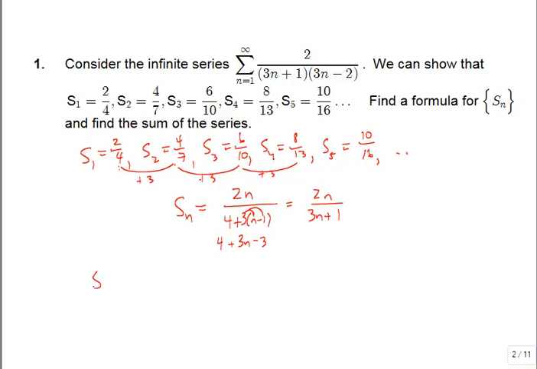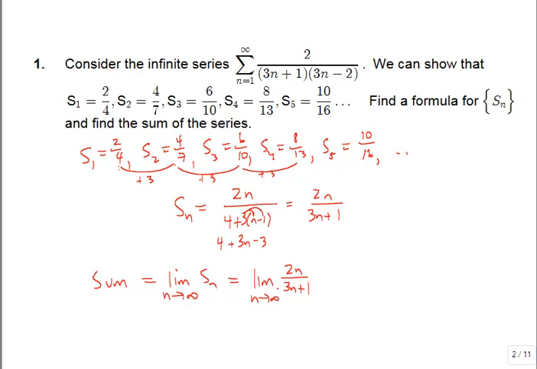The sum of the infinite series is going to equal, by definition, the limit of these partial sums. So if we take the limit as n goes to infinity of this generic nth partial sum, that's going to tell us what our sum is. If this converges, whatever it converges to will be our sum.